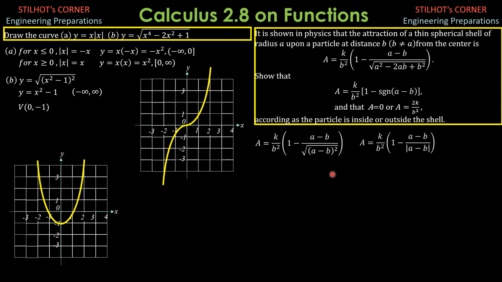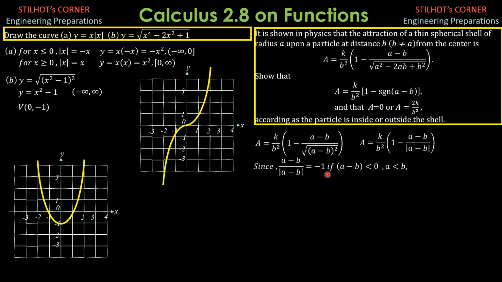So when a minus b is less than 0 or negative, then this ratio is negative 1, because a is less than b, and that means the particle is inside.